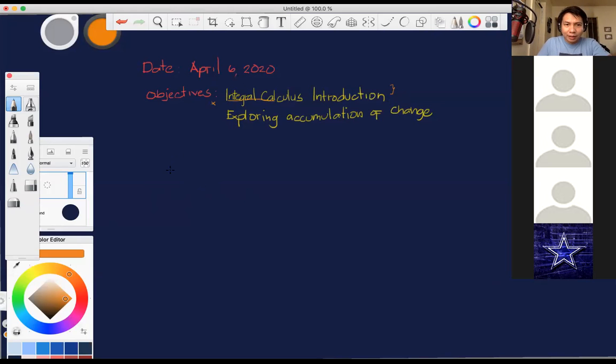Now, again, let's begin by, let's say, I'm just going to draw a graph here. So let's say we do have a function, and let's call this y is equal to the function of x. So it's just like any other curve.